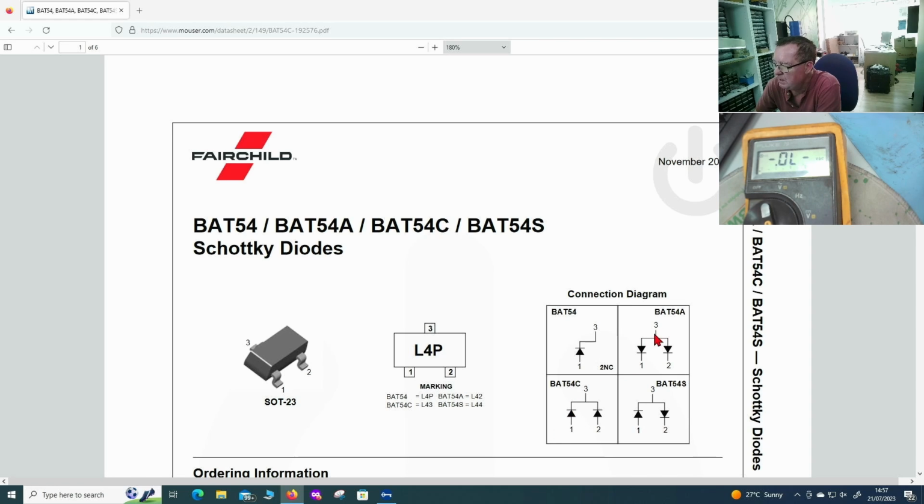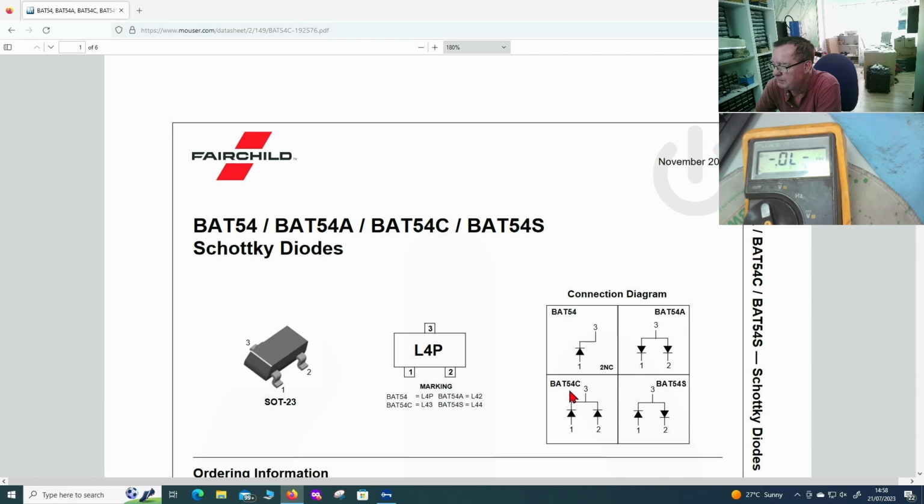So this one will look like the base is here, and if you put your red lead here, it will conduct to both of these, and it will look like an NPN transistor. Same with this one. If you put your black lead here and the middle pin, it will look like a PNP transistor. And this one is just going to look strange because you have a diode junction in one direction, a diode junction in the other direction. You won't be able to make any sense of what that is supposed to be.